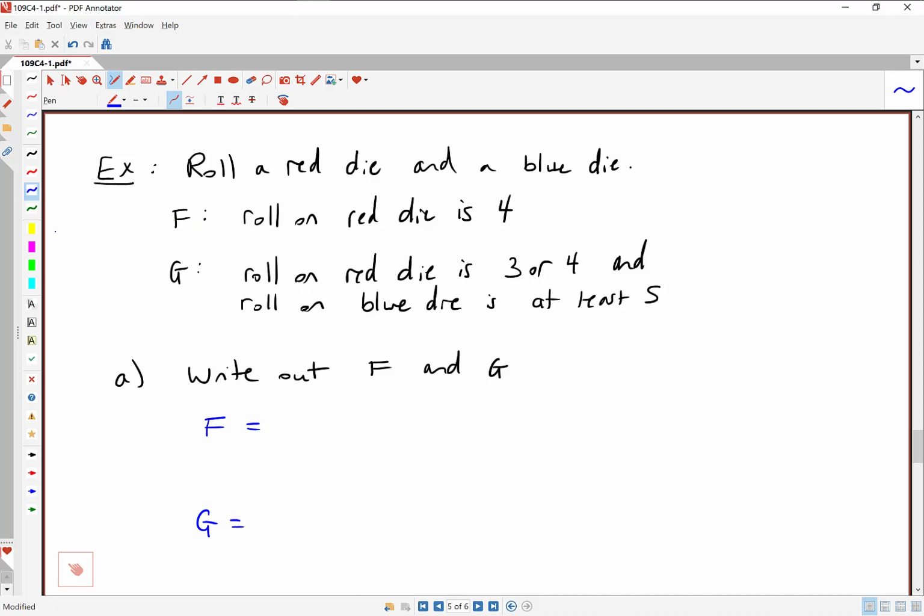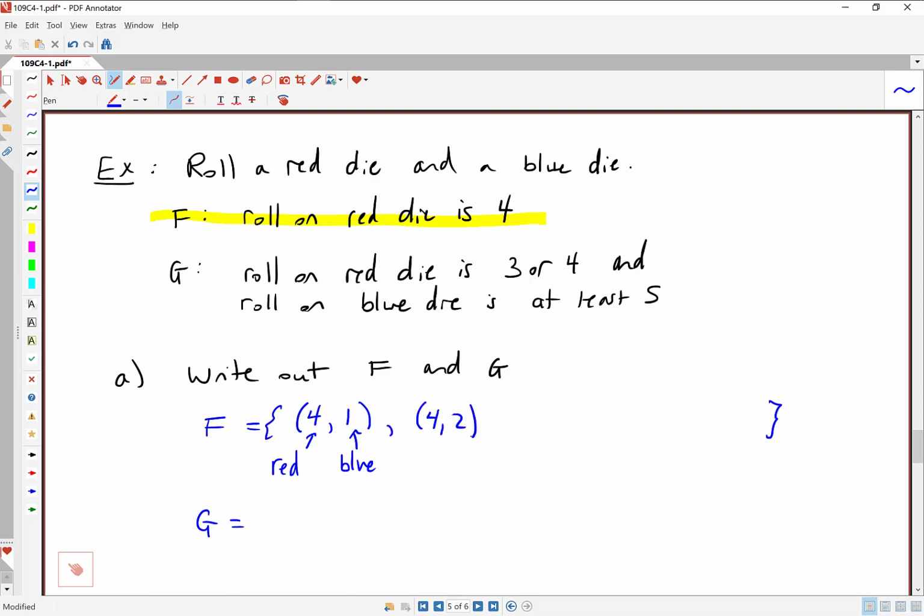So for F, we want to capture all the outcomes where the roll on the red die is 4. Okay, so F is going to be a set of outcomes. We said in our previous example that when you're working with dice, it's a good idea to use ordered pairs. And it's a good idea just to label which die you're describing first. So let's do it in the order red, then blue. So one of the outcomes would be 4 on red and 1 on blue.